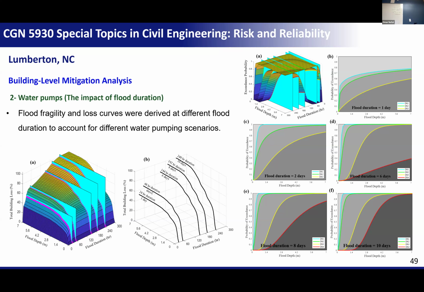We're going to learn this in detail when we come to MATLAB and the fragility development, but I'm showing you a brief look at how the fragility functions look at different flood durations based on the different sections you took in the fragility surfaces.